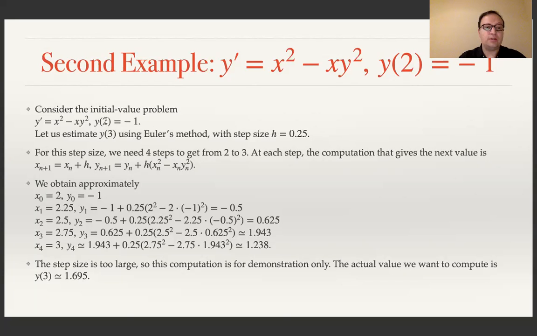So we start at the point 2, and we want to get an approximate value for y of 3 with a step size of 0.25. This means we're going to need 4 steps to get from 2 to 3.